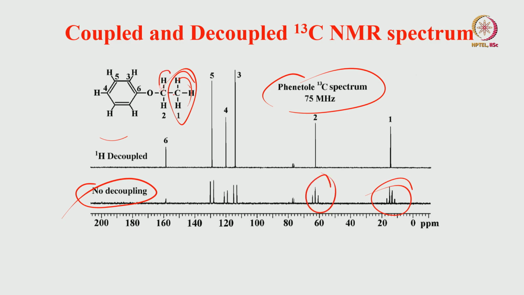For CH2, both these protons are coupled to this carbon, a triplet. And for the aromatic CHs, there is symmetry here, and they are equivalent. This and this are equivalent. So there are only 3 chemically inequivalent carbons. Each of them is a doublet, because it is attached to a single proton. Very nice. At the same time, there is also the ipso carbon, which is not attached to any proton. That is called a quaternary carbon.